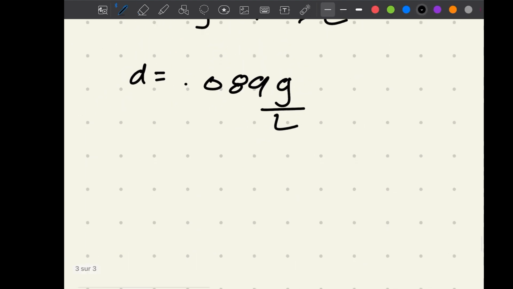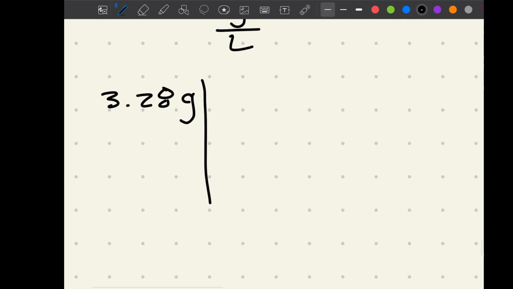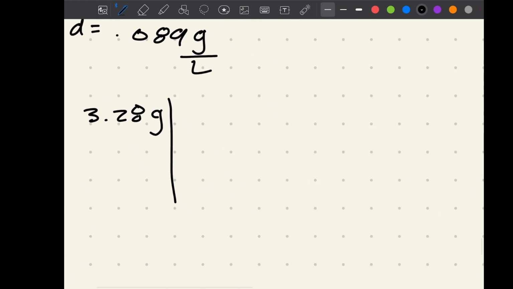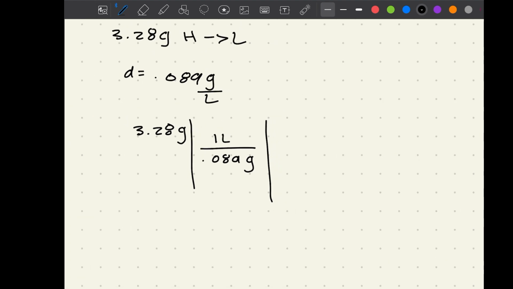So how does this work? We would do a box method, so 3.28 grams, and then we know that there's 0.089 grams for every 1 liter of the gas solution. Well, not solution, but gaseous hydrogen.